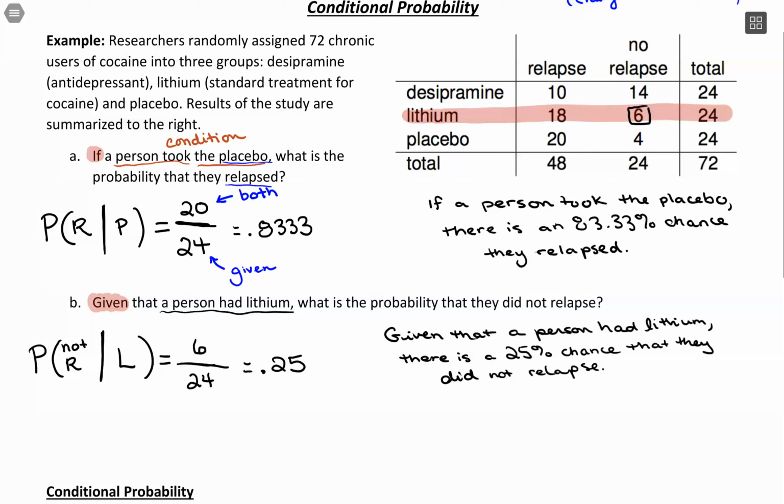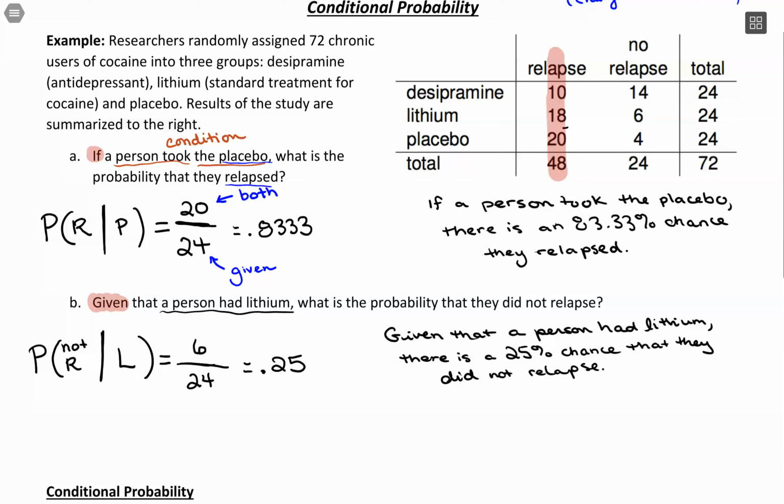In part A, we knew we were in the placebo group, and of them, what's the probability that they relapsed? What we're doing down below is switching it around, saying, we know that they relapsed. We know they're in this group of 48 people. What's the probability that they were taking the placebo?